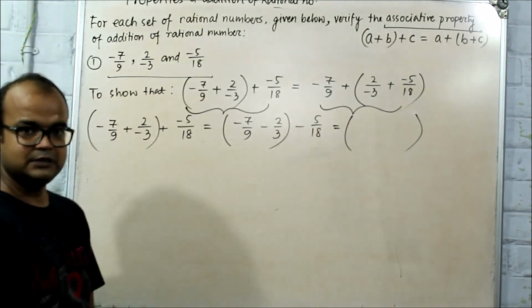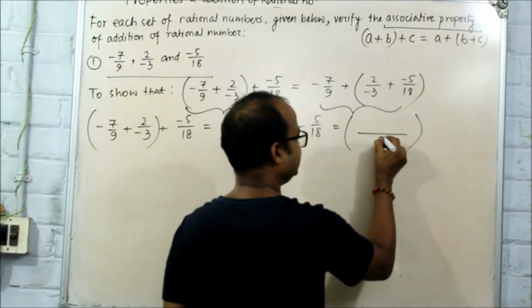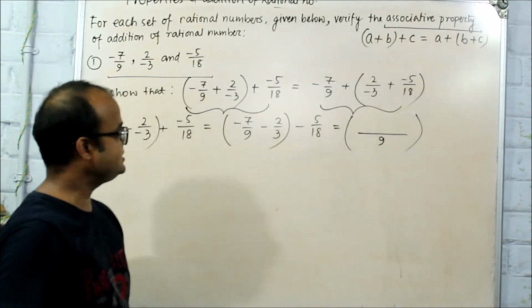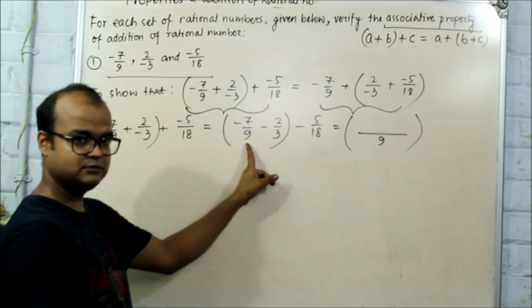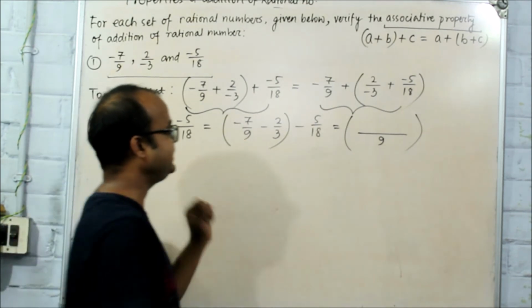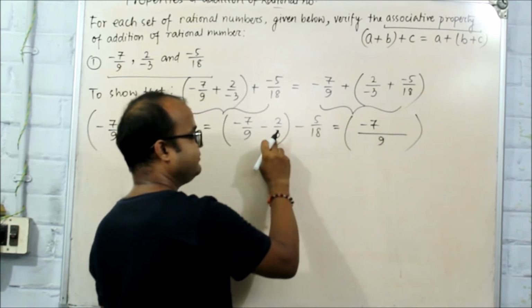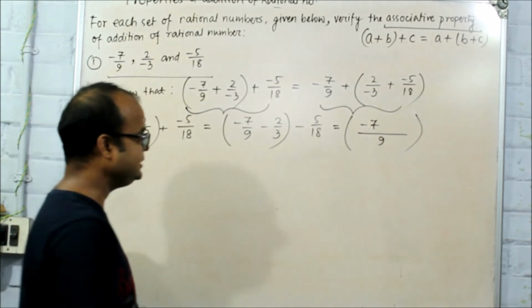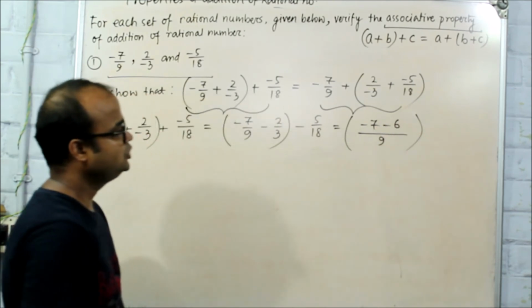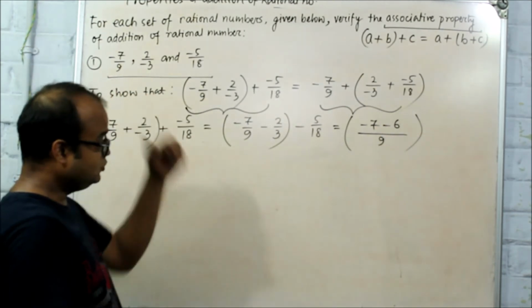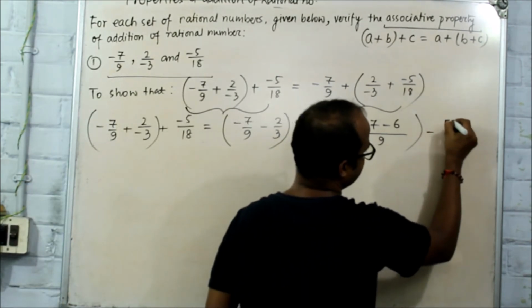3 and 9. LCM is 9. You can find the LCM of 3 and 9, and you will get the LCM as 9. So again I am repeating the process. 9 divided by 9 is equal to 1 multiplied by minus 7, so it is equal to minus 7. 9 divided by 3 is equal to 3 multiplied by minus 2, it is equal to 6.